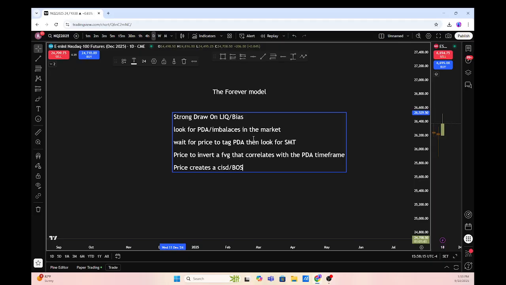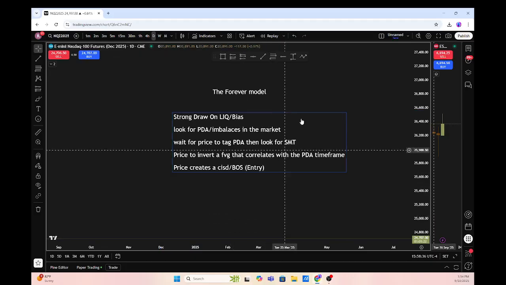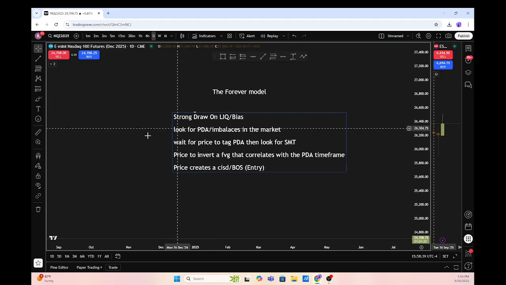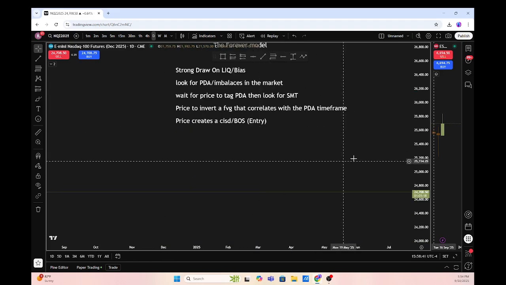I'm just writing down a checklist of what you want to see in the market before you enter a trade, right? So you want to see price create a change in state of delivery or a breakup structure, and that would be your entry. That is where you would enter a trade. So these are the steps that you want to see before entering your trade.